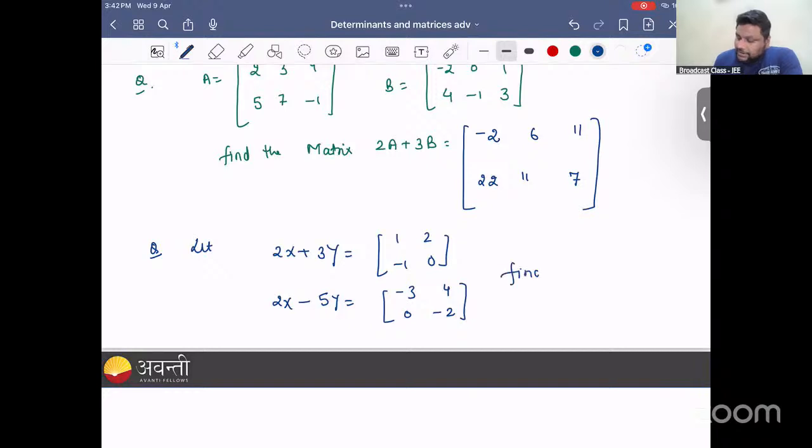Find the matrices X and Y. Find the matrices X and Y. Yes, quickly go for it. Give me the correct answer. You got 2 minutes.